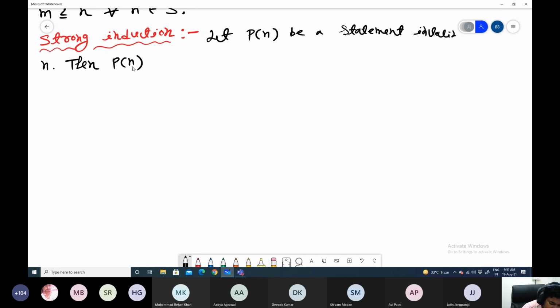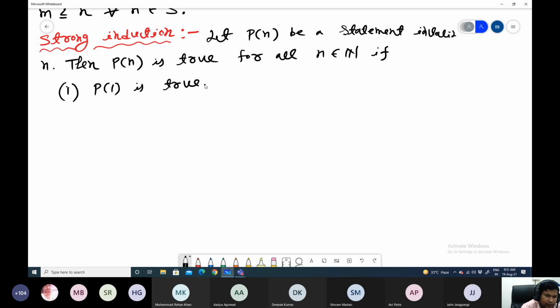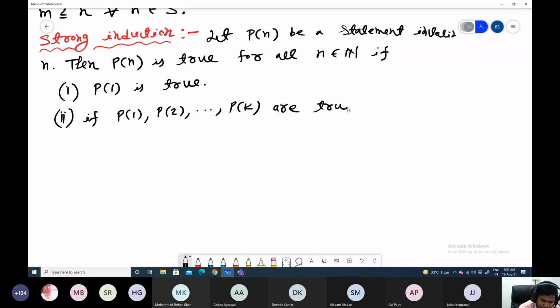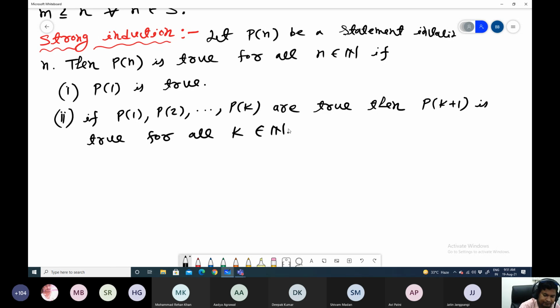Then Pn is true for all natural numbers n if the following two conditions hold. The first one is P1 is true, and the second one is if P1, P2, up to Pk are true, then Pk plus 1 is true, and this is for all natural numbers k. See, the hypothesis is a little bit stronger here.